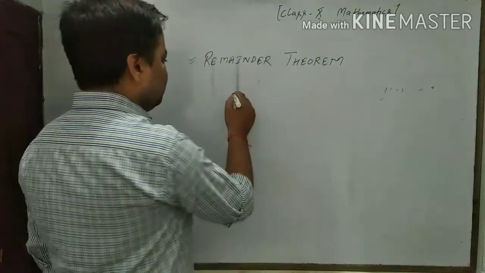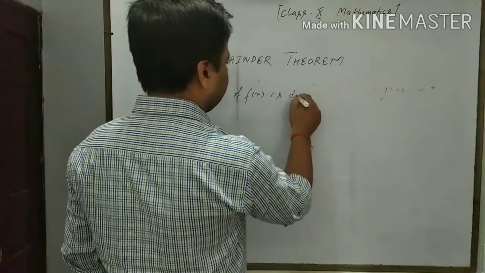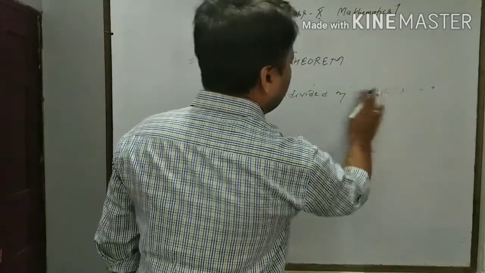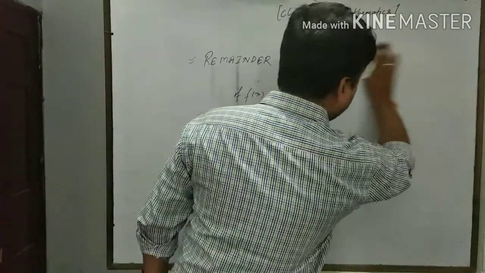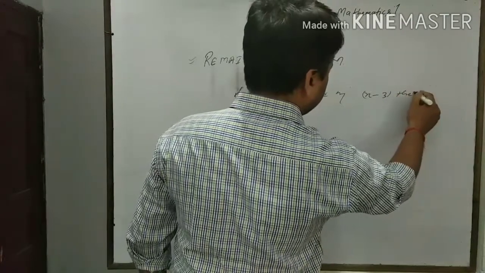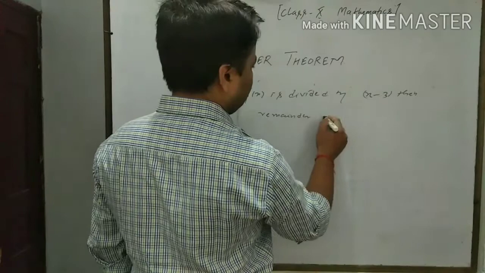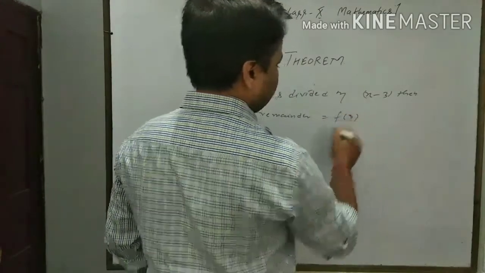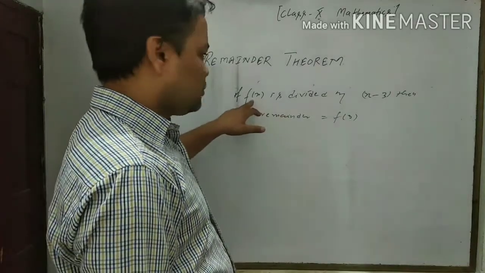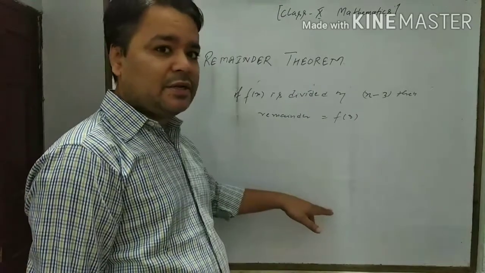How? When f(x) is divided by x minus 3, then the remainder is equal to f(3).